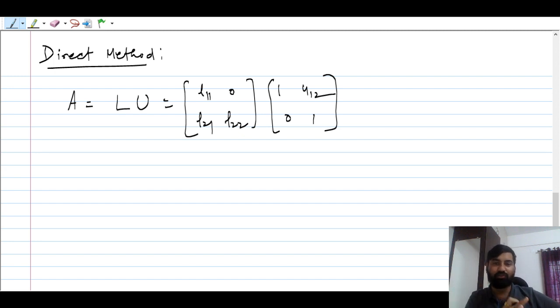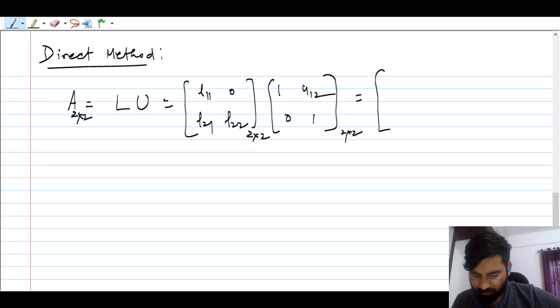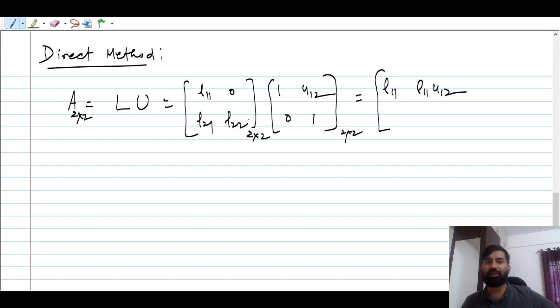After multiplication, what will be the size of the matrix? Matrix A is a 2 by 2 matrix, and this is also 2 by 2, and this is also 2 by 2, right? So you are going to do direct multiplication. If you multiply L11, 0 here, you will get L11 here, and if you multiply with this, you will get L11 U12. Just multiply these two matrices. That is called the direct method.